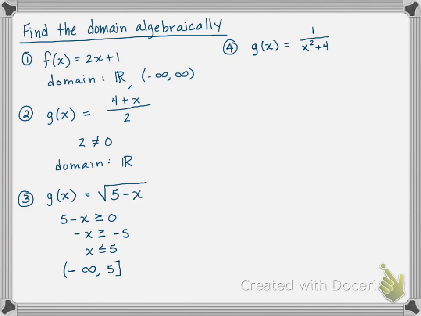So what do we know from the division? That tells us what? We can't equal 0. What can't equal 0? The denominator? Yes, good. So x squared plus 4 is not equal to 0.